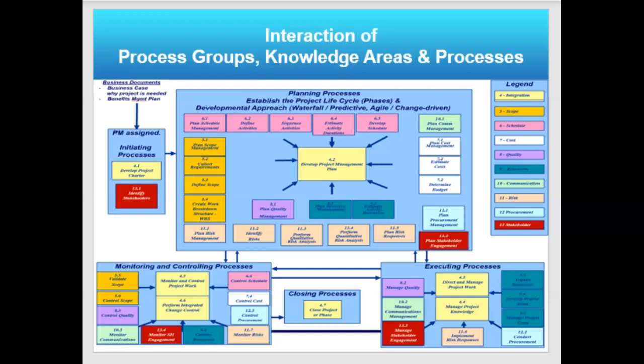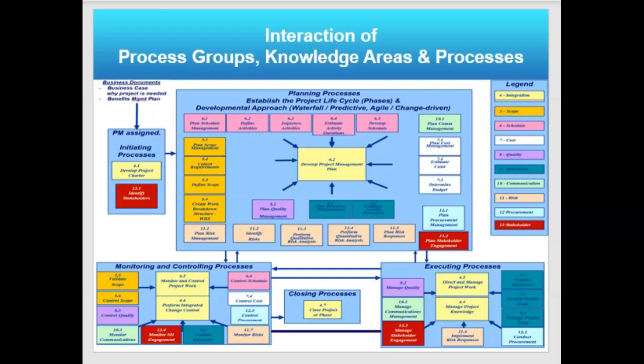Now, this lesson is on integration management. And those are the yellow boxes, right? So with integration, that is the brown ones, as I was saying. So in monitoring and controlling, it's 4.5 and 4.6. One is an actual controlling process, and that's monitor and control.